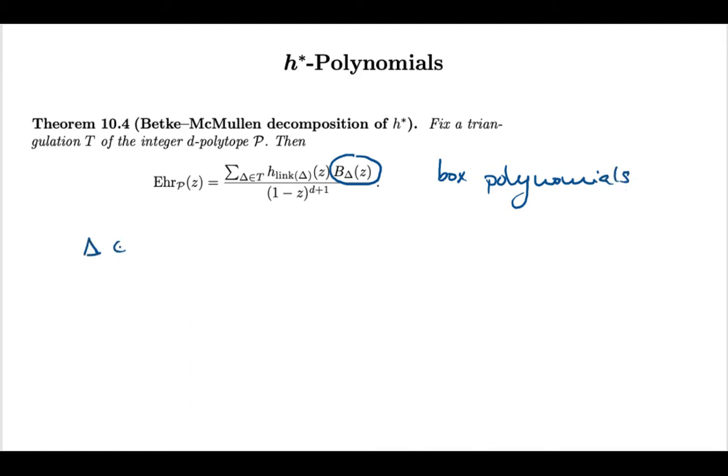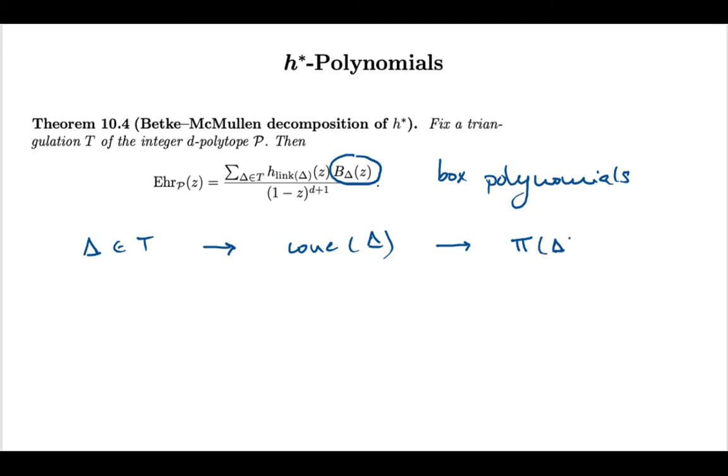So delta is some simplex in our triangulation. It's a lattice simplex. It has integer vertices. And so we have the old, by now, construction that we cone over the simplex. And then, as we know, the fundamental arithmetic data is in the fundamental parallelepiped that we usually call pi.